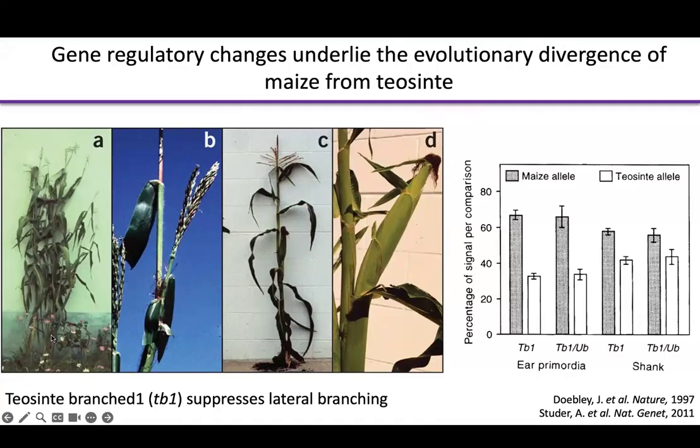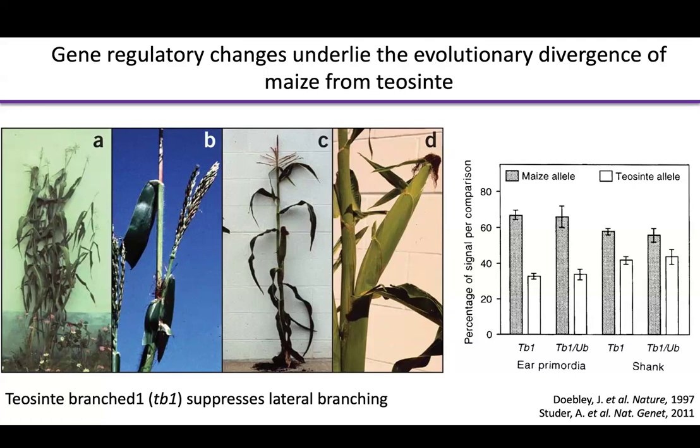In modern maize, the TB1 allele is expressed at a very high level, suppressing the side branches and promoting a single upright stalk with a large ear, which is an important step during maize domestication.